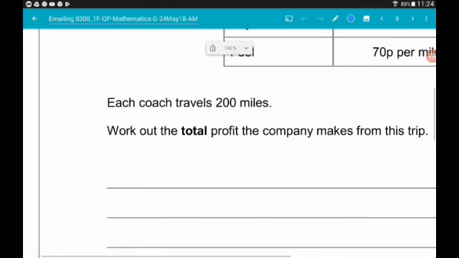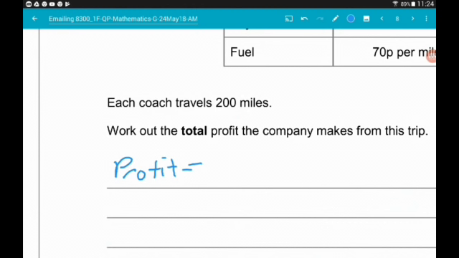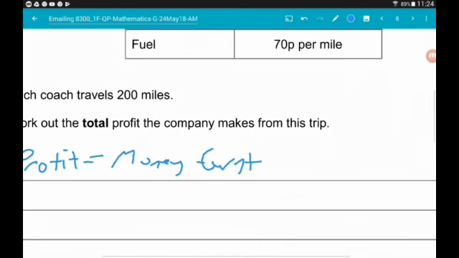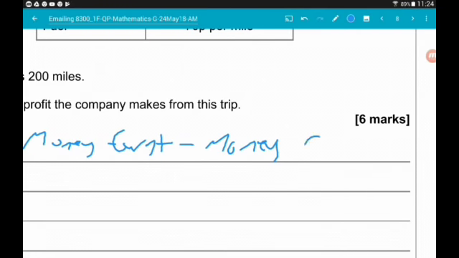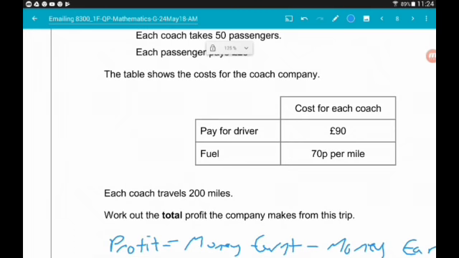So, profit is money earned minus money that you had to spend. So we need to work out how much they make on this coach trip, how much they spent, and then find the difference.